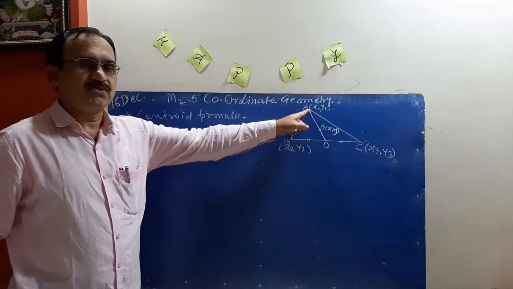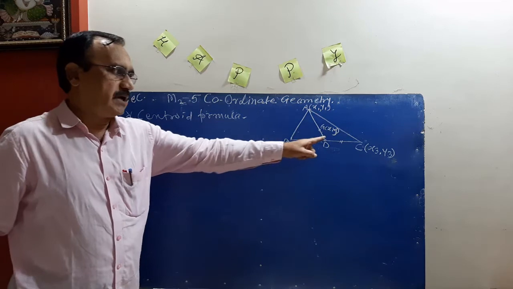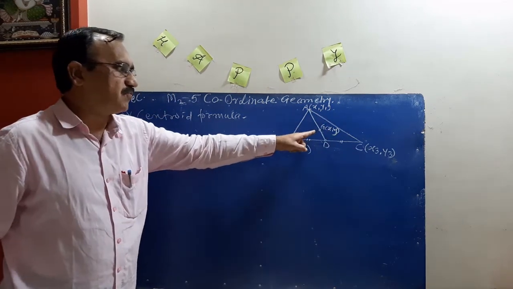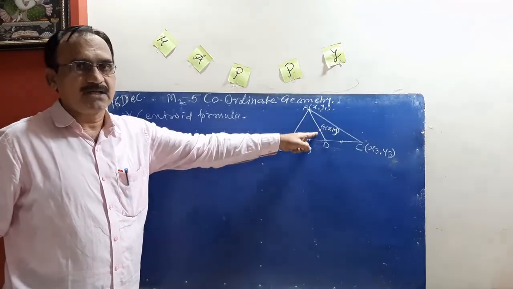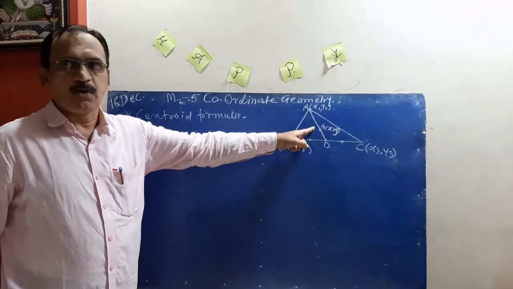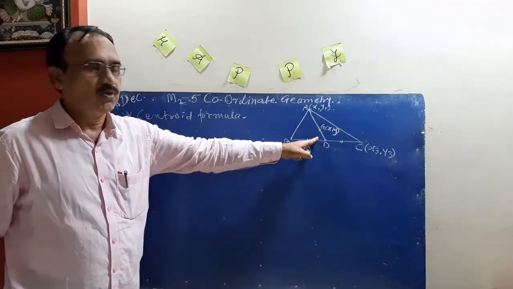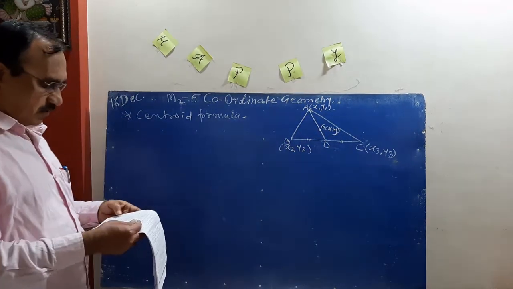The first vertex is x1, y1, the second vertex is x2, y2, and the third vertex is x3, y3, and then we can find the coordinates of the centroid. Centroid means the point of intersection of the three medians, and you know the property of the median: it divides in a 2 to 1 ratio. We can find the values of x and y by the centroid formula.